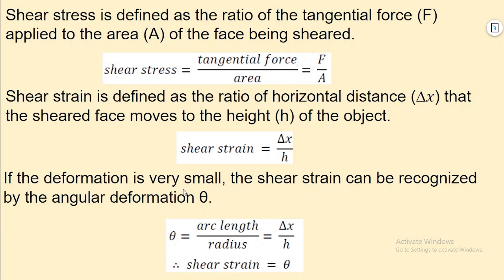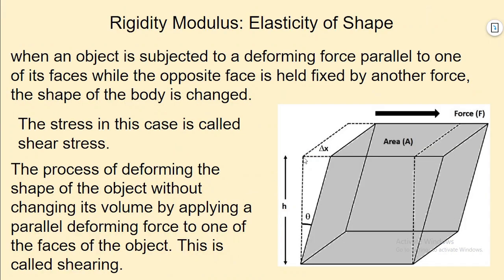Here we have an approximation: if the deformation is very small, the shear strain can be recognized as the angular deformation. If delta x is very small, this distance can be considered as an arc of a circle.